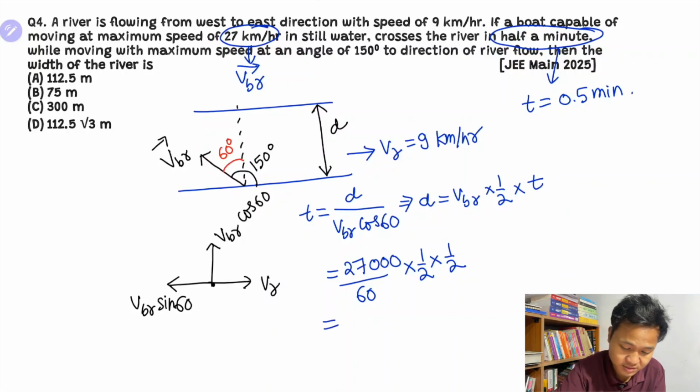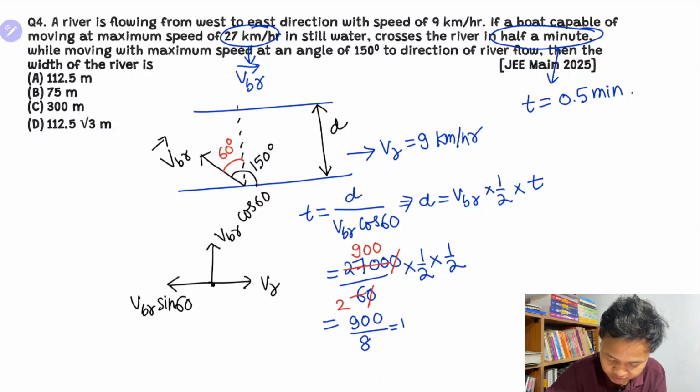So you solve this. The zeros cancel out. 3 2s are 6, 3 9s are 27. What is 900 divided by 8? 8 1s are 8, 8 2s are 16, 8 5s are 40. So 112.5.